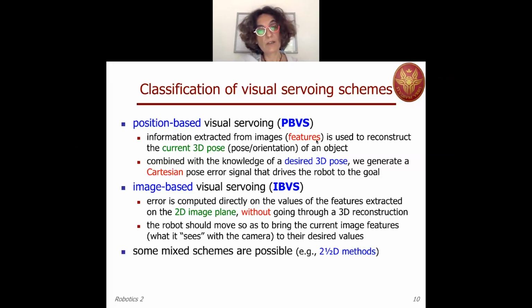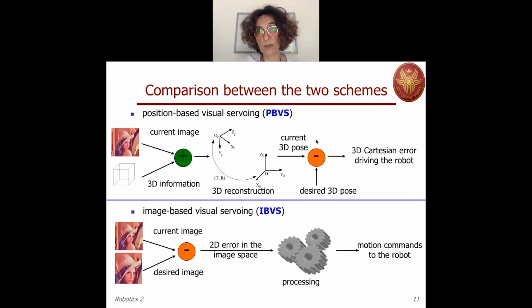There are also mixed schemes, so-called 2.5D methods, that define the error in the image plane but also use some 3D information. They have been introduced mainly to increase the robustness of these visual servoing control schemes with respect to uncertainties.